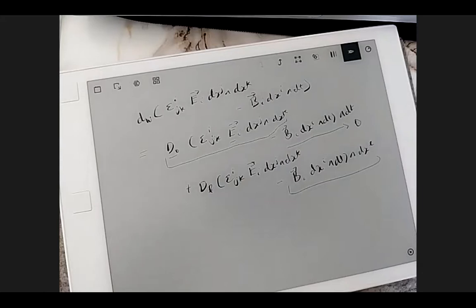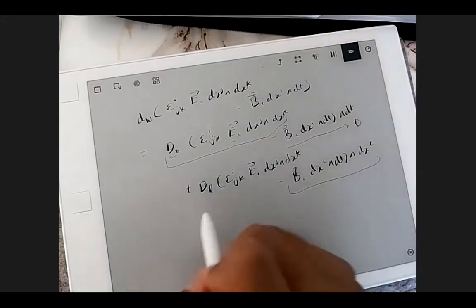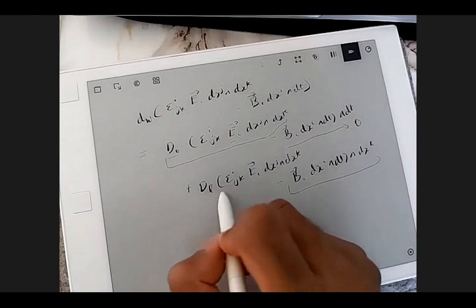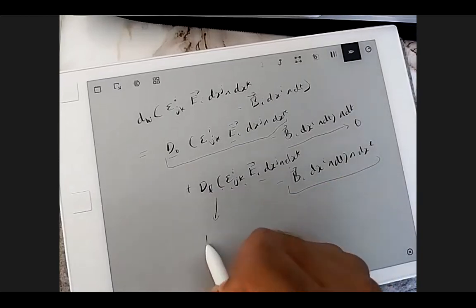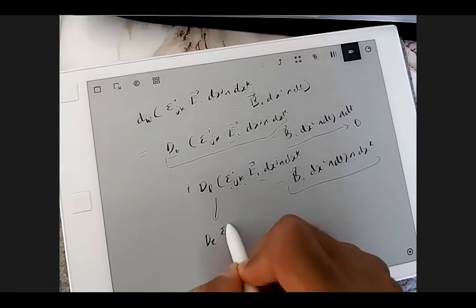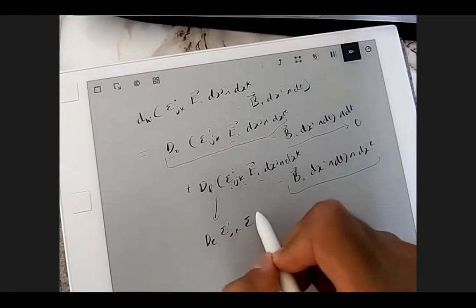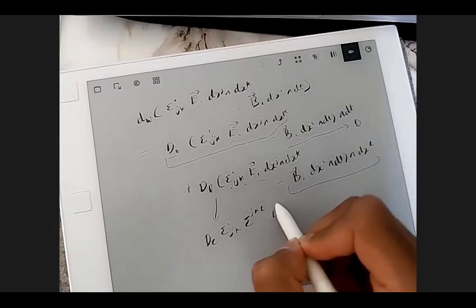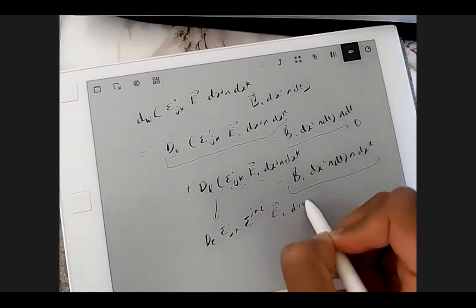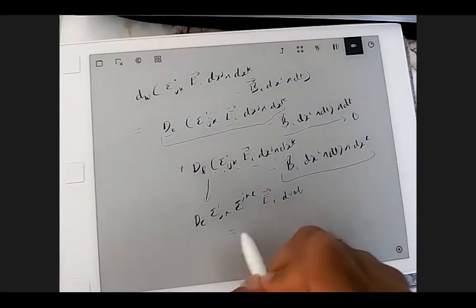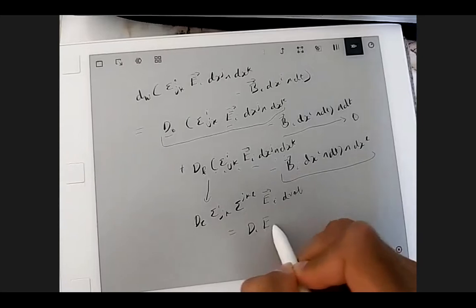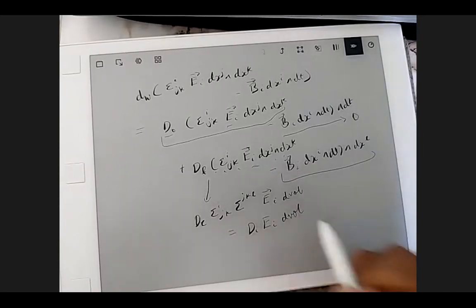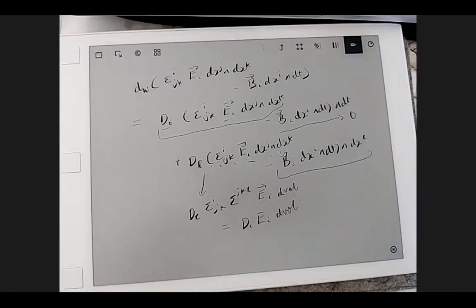So our remainder is going to be this equation.